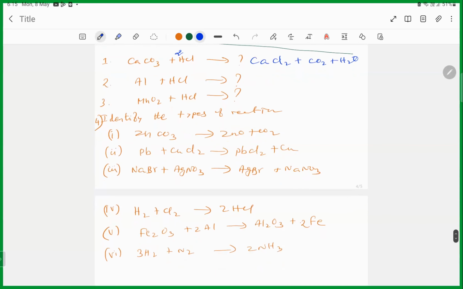The next one, Al plus HCl gives plus H2. So how many can we get? 6 HCl, 2 AlCl3. So it becomes 2 AlCl3 and then 3 H2. Correct? Next question.